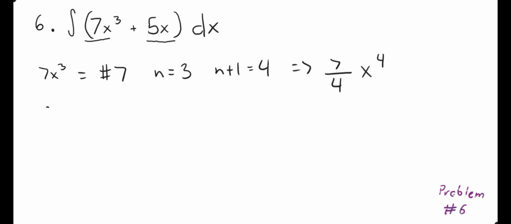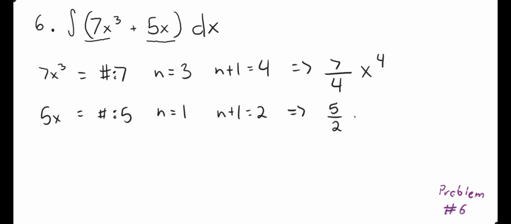Then we got 5x, so that means our number is going to be 5. That's the one that we step off to the side. n is 1. n plus 1 equals 2. So that means we got 5 over 2 x squared.